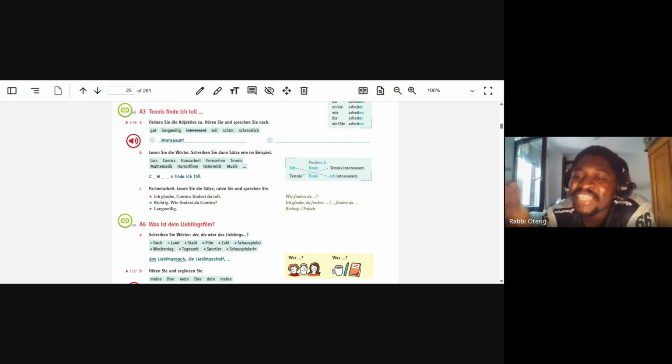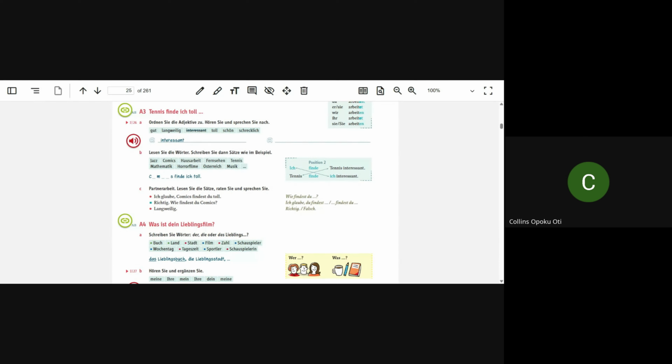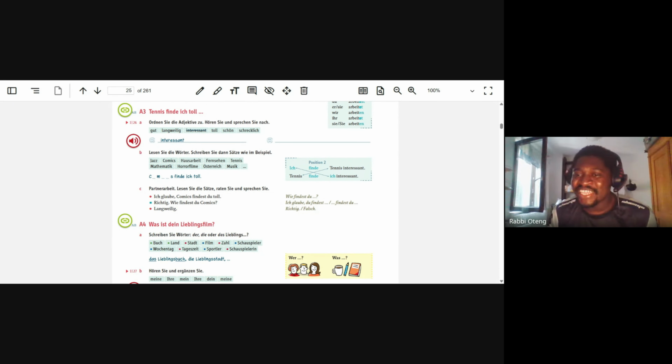So with the article, Das Schwimmen finde ich interessant, you are talking about a particular swimming, a physical one. But if you are just talking in the abstract, Ich finde Schwimmen interessant. Same with tennis: at the courts, when they are playing the tennis, your friend can ask why are you paying so much attention to the tennis?